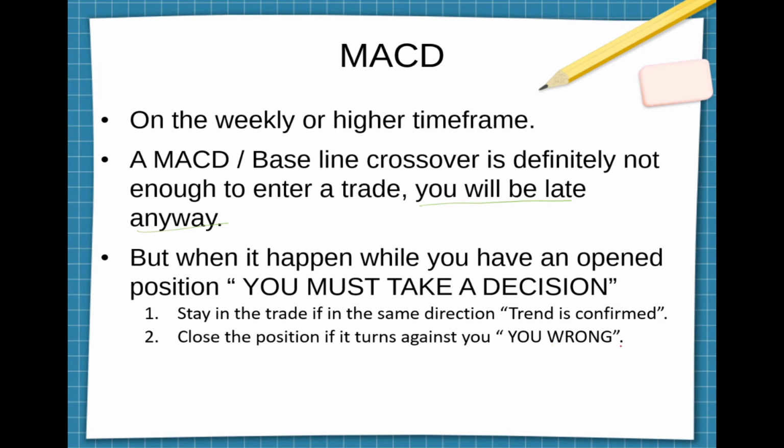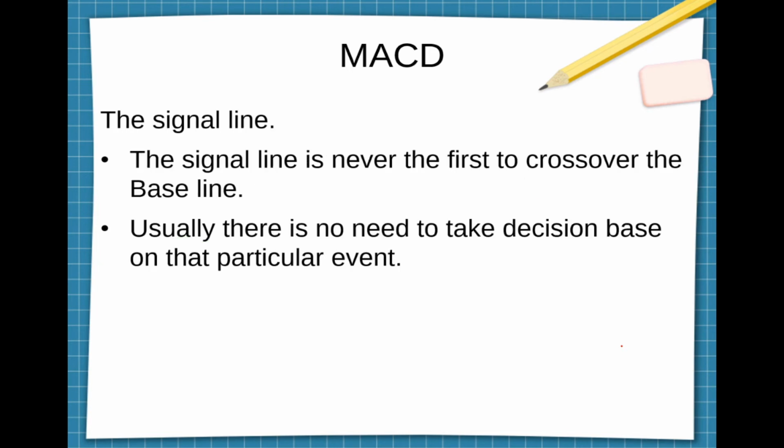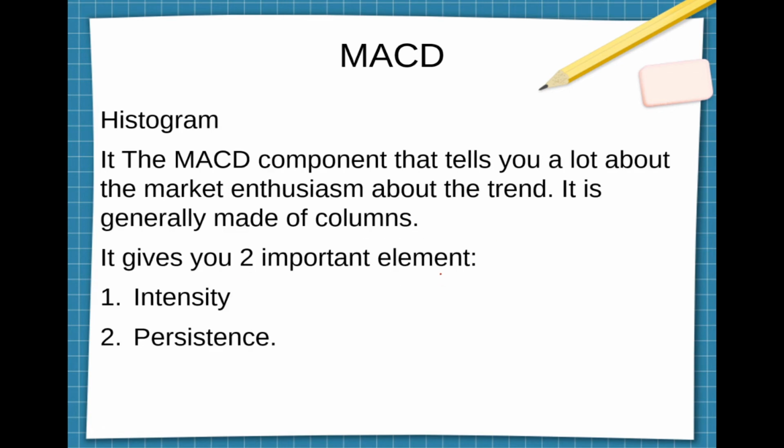Now, like I said, you're probably wrong if you close the position when it turns against you, because when MACD gives you a signal that is against the overall trend, it can also be a sideways market. It happens a lot. Now the signal line is never the first to cross the baseline, so usually there is no need to take a decision because of that signal line.